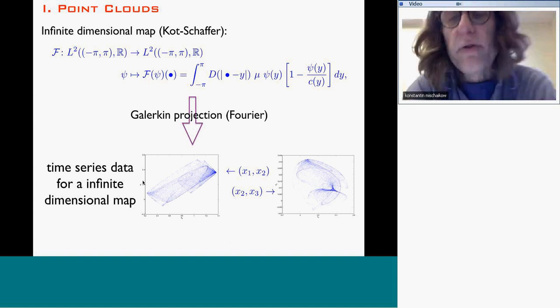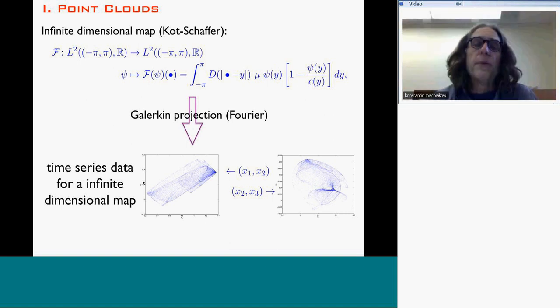By linear projection, you just ignore the higher order terms, and that's called the Galerkin projection. And we did a simulation with 50 Fourier modes. What we're looking at is a plot of, I think, 50,000 points. So this is a single trajectory.